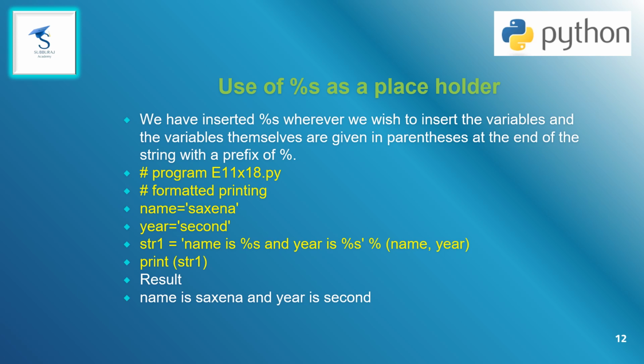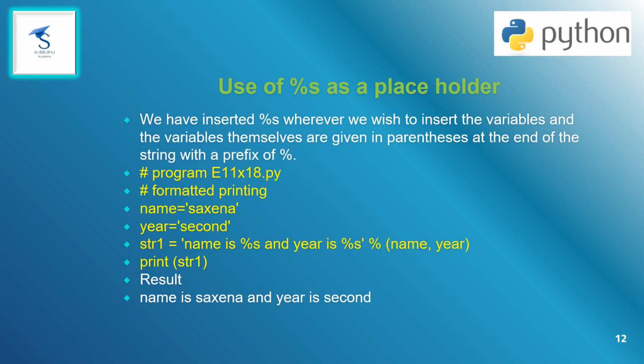So this is how we give it. You give the string, insert placeholders percentage s, then at the end you put percentage, and within parentheses you give the variable names. The variables have already been defined. If you give some other variable name, it will be an error. So you list the variables here: the first one is the first variable, the second one is the second variable, and the third one is the third variable.